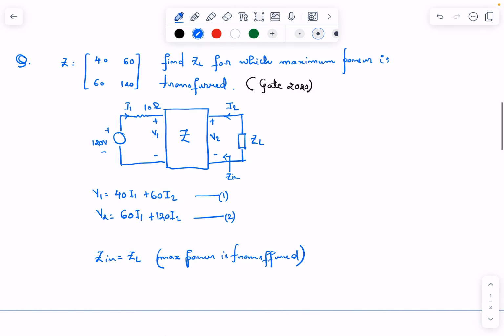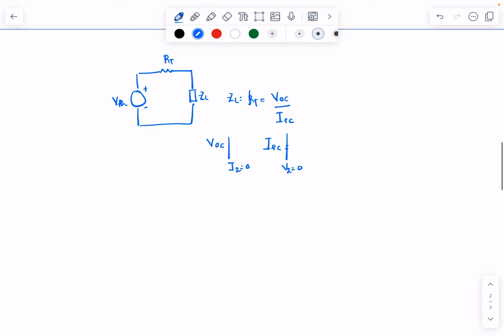If we apply KVL in this loop, say A, we get 120 minus 10I1 is equal to V1. Let this be equation number 3.